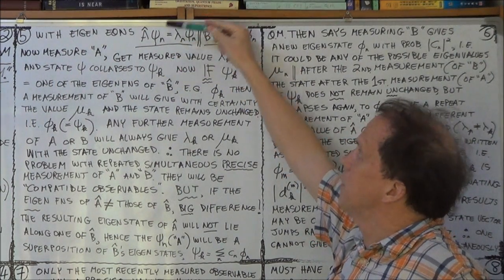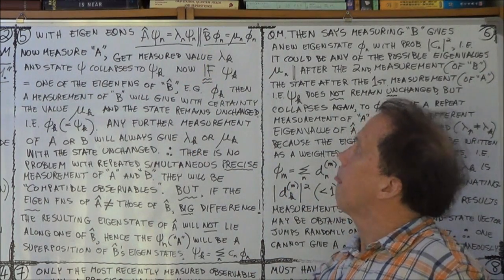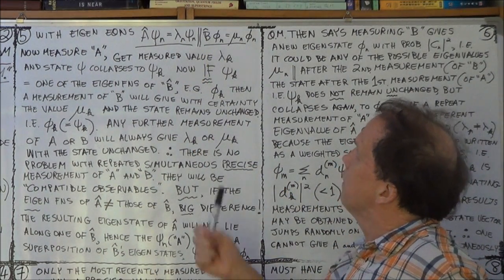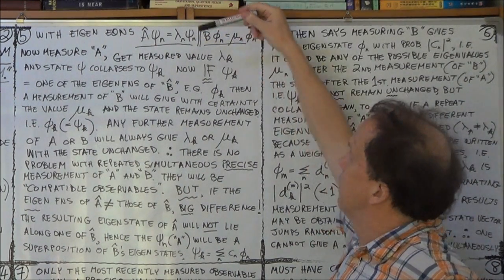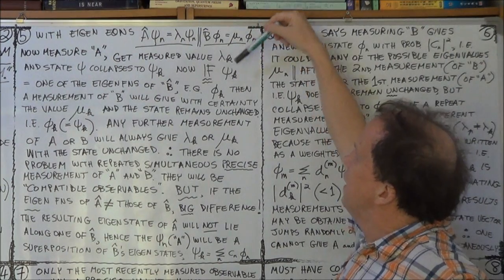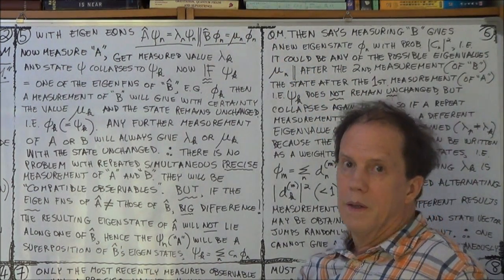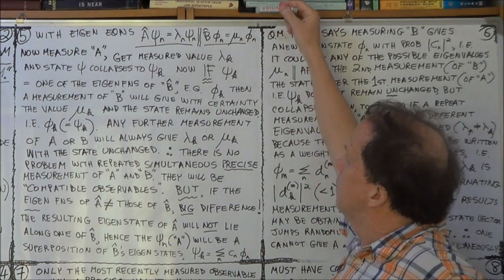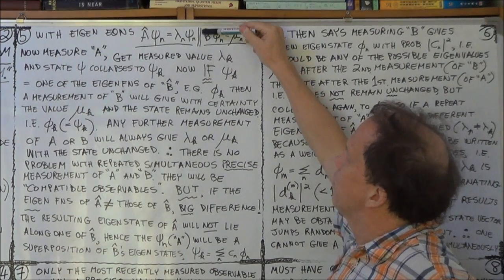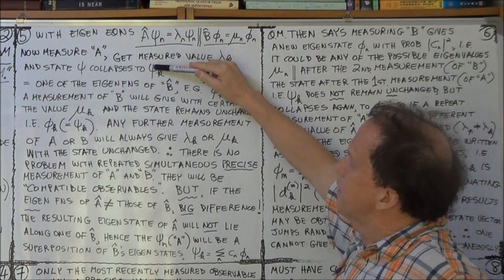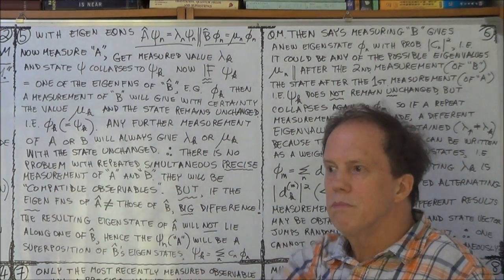That was the result of measuring A, and now you're going to measure B, the second measurement. But this time, the resulting eigenstate psi k is not one of these eigenstates of B. So what's going to happen now? Well, from the point of view of measuring B, this eigenstate of A is now just a general wave function.